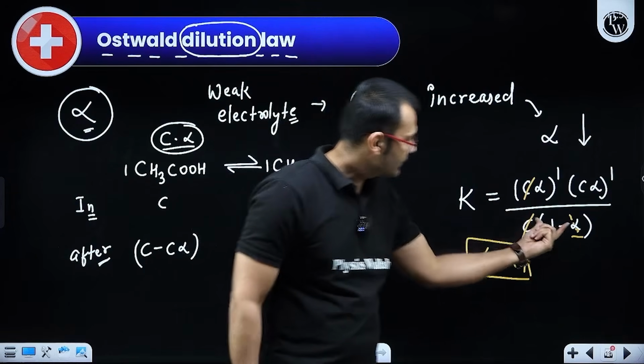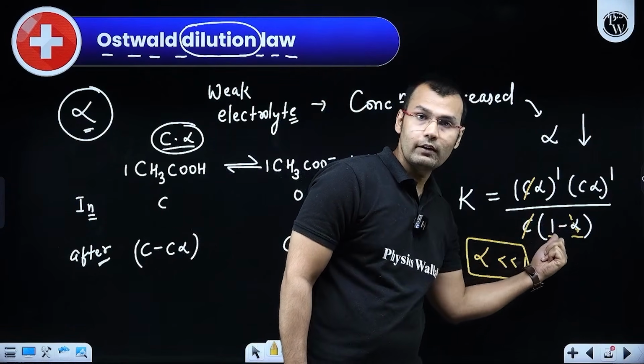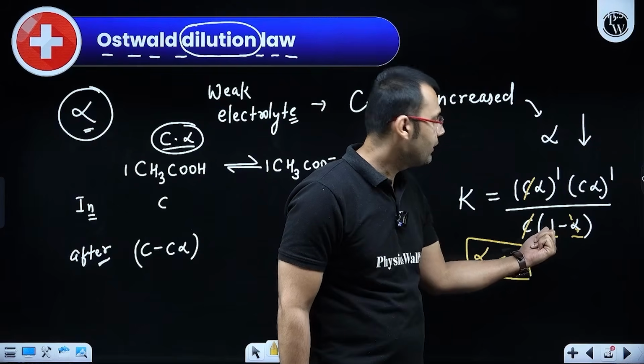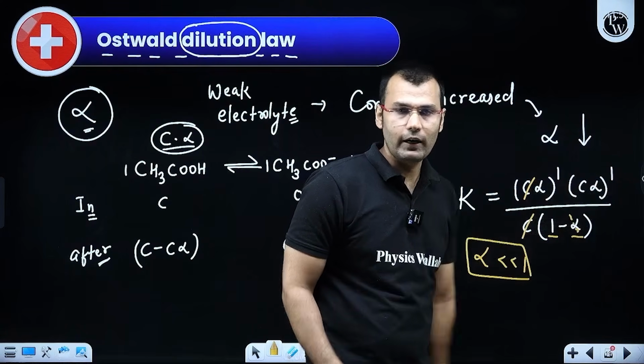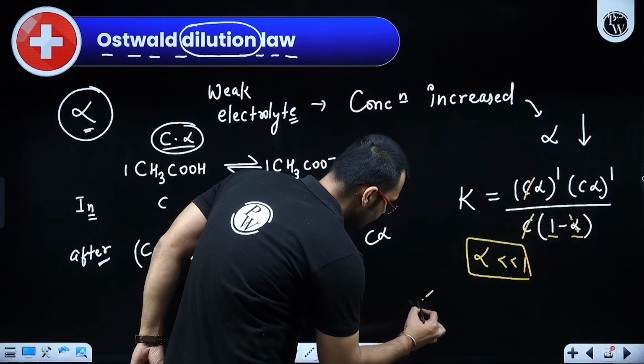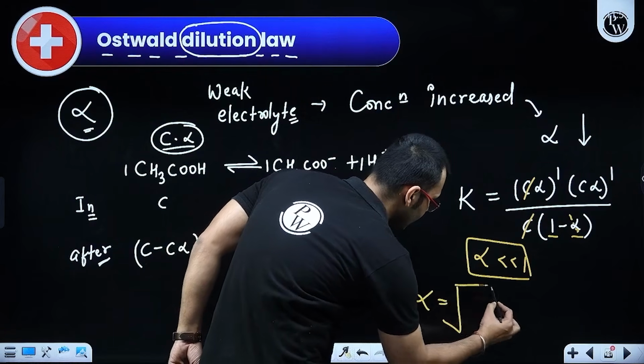So alpha will be ignored and it will simply be 1. So K will be equal to alpha into C alpha, which is C alpha squared. And from here, if you calculate alpha, it will come out as under root of K by C.